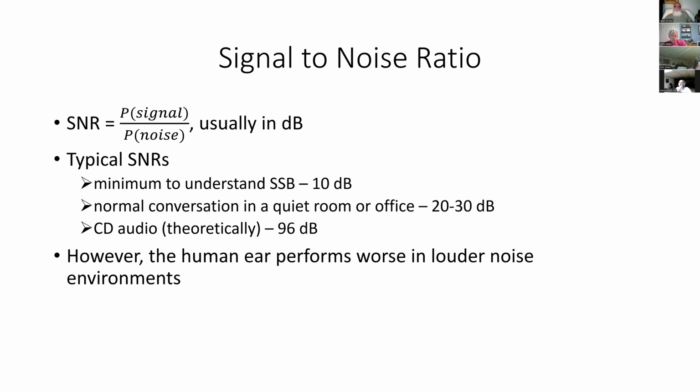That is so good that you basically can't hear it. In practice, it's not quite that good, because music and voice on a CD can be much quieter than the maximum amplitude, but it's still very quiet compared to, say, talking on the telephone or talking where there are noise sources present.